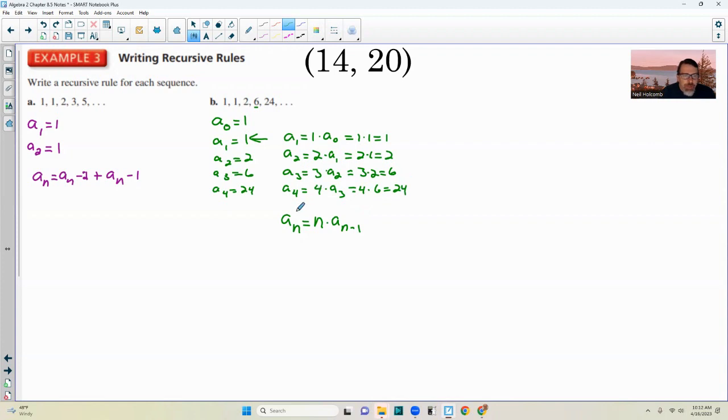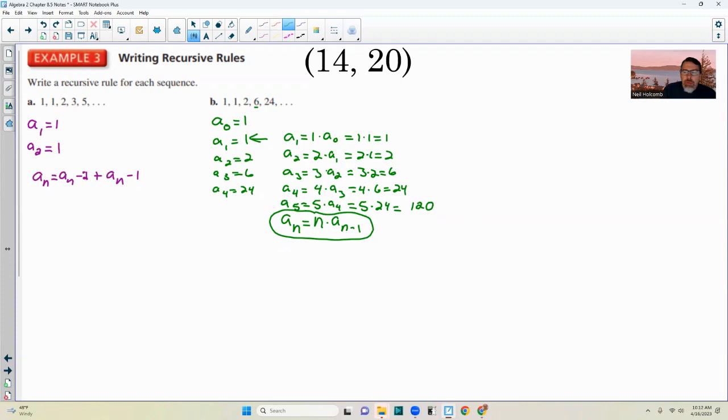And if I kept going, this would still work. So a sub 5 would equal 5 times a sub 4, which is 5 times 24, which is 120. So there is the recursive rule for this sequence.